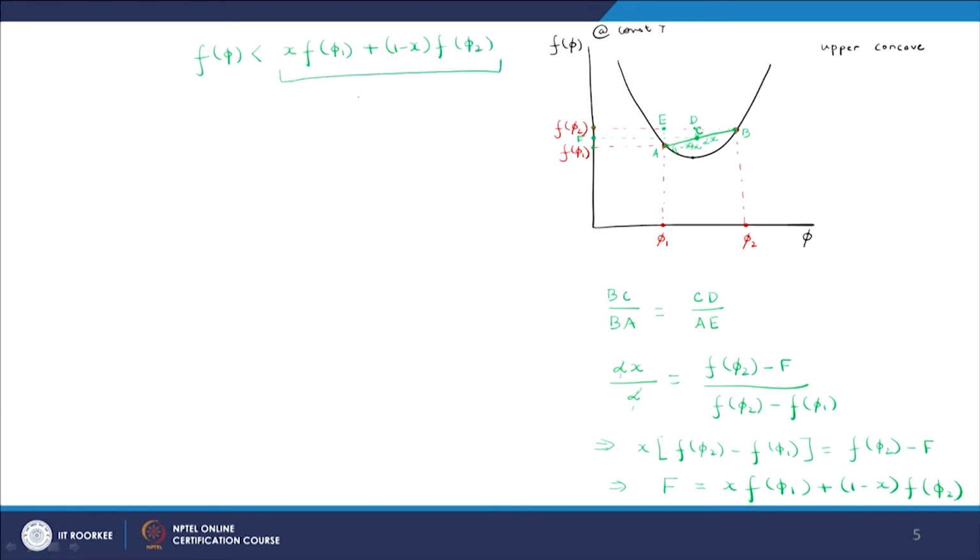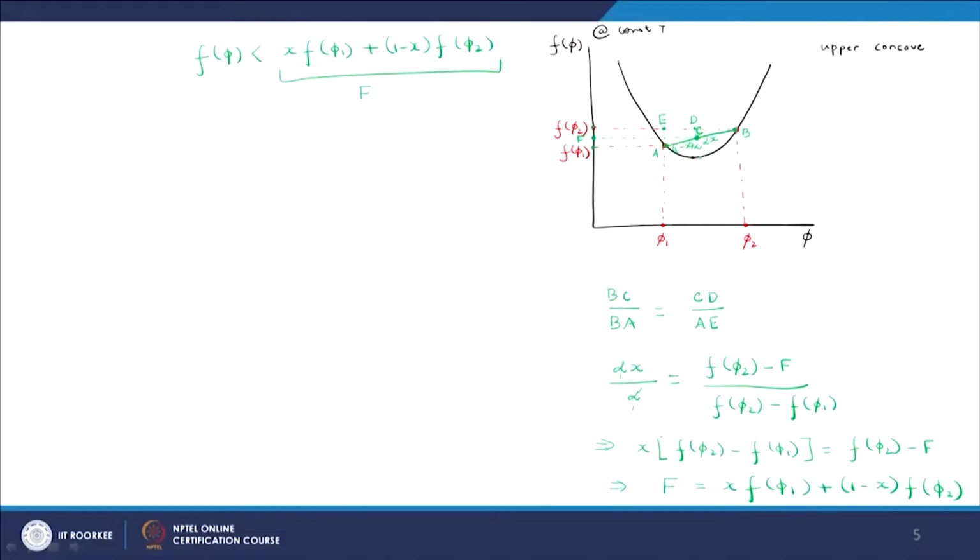This entire thing is my capital F in the figure. So, if the function value is less than capital F, then we know that the system has a tendency to mix together, which is indeed the case, because if I think of any intermediate value between phi 1 and phi 2, of course, if I mix these two liquids at phi 1 and phi 2, the new mixture will have a volume fraction intermediate between phi 1 and phi 2.